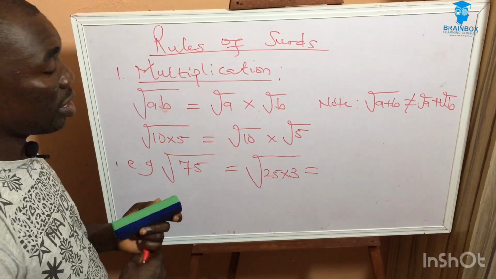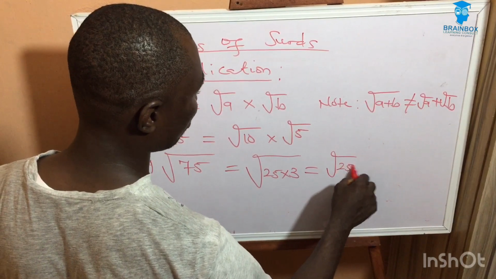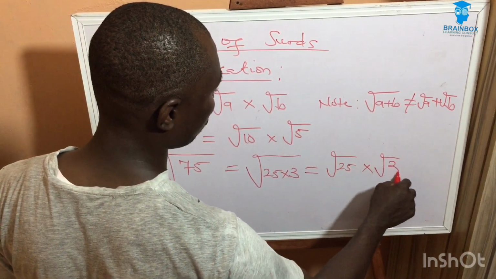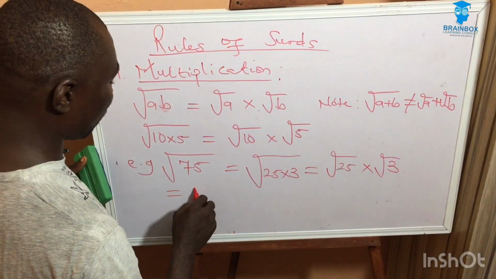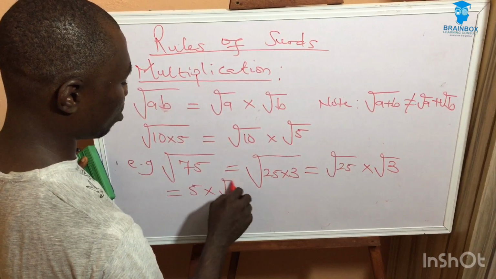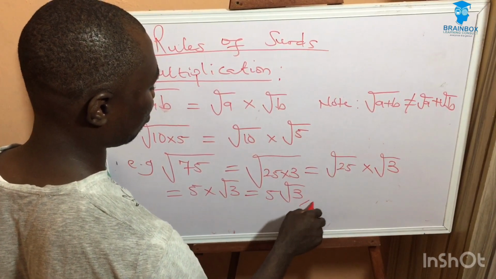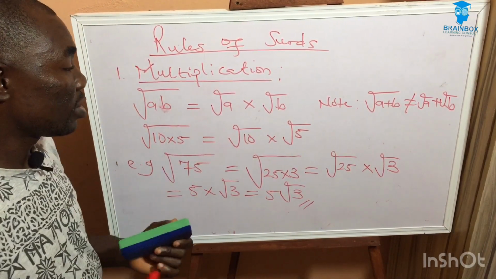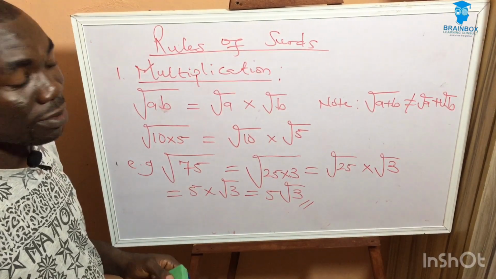It's easy that way. So we can break it down: root 25, going by this rule, times root 3. What's root 25? That's 5. So we have 5 times root 3, which is 5 root 3. Simple, isn't it? With the help of surds, we have been able to deal with this irrational number.